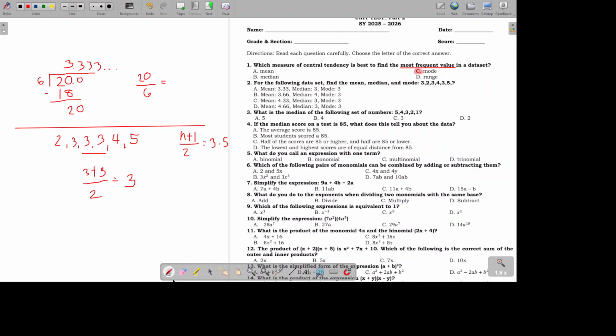Okay, so letter A is obviously the answer, but just for the sake of completing the question, we are also being asked for the mode. So the mode is the most frequent, as we said in number 1. So the most frequently appearing element in the set is 3. So yes, the mode is 3. So now we have confirmed that the answer is letter A.